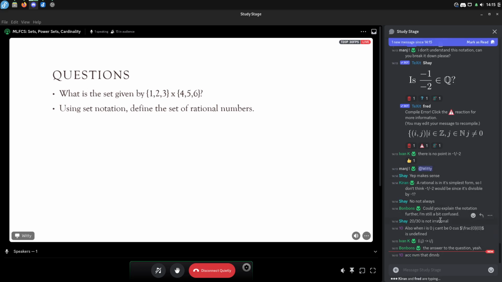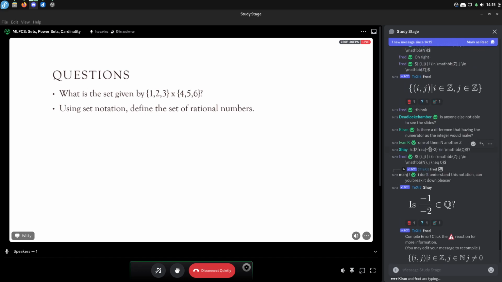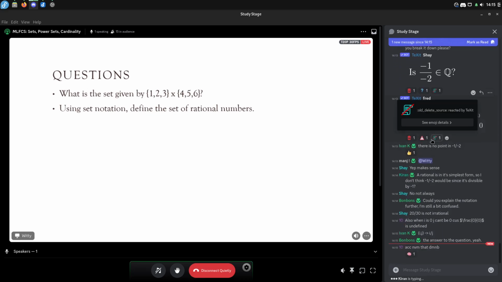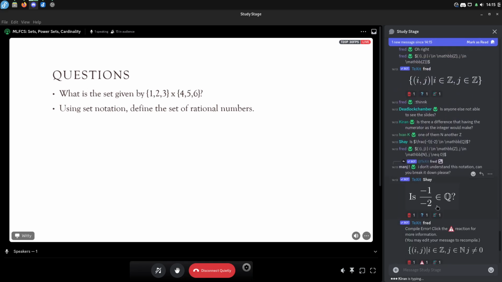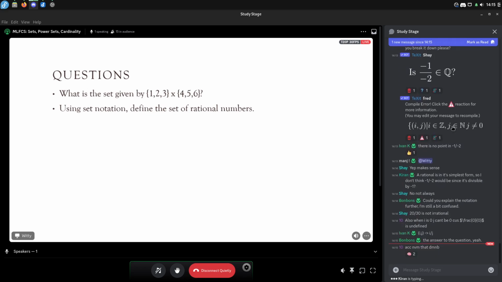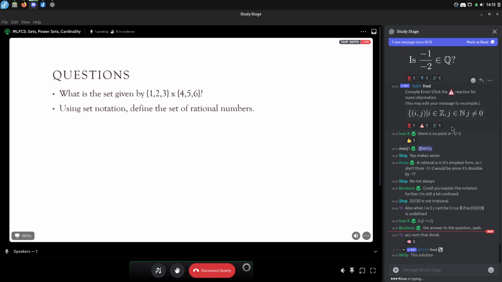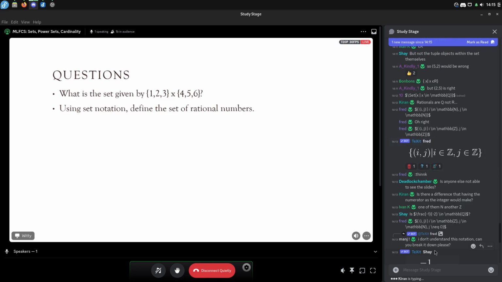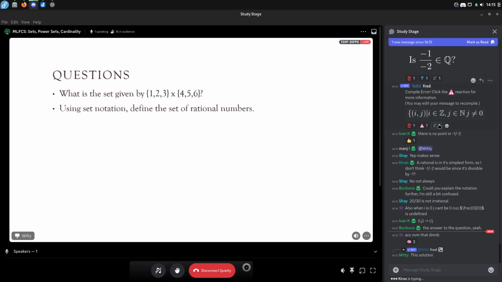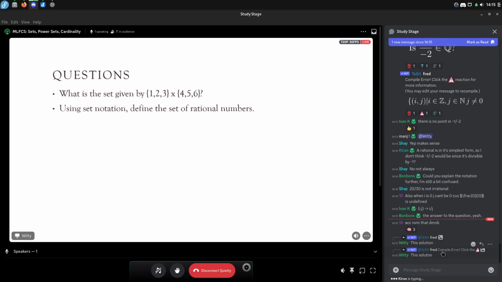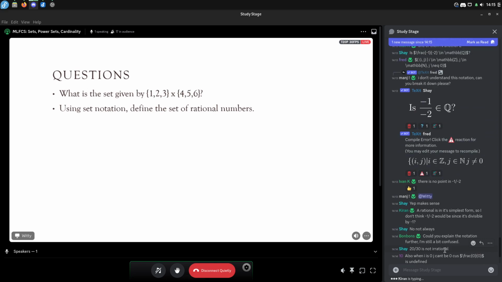Okay. Basically, where did the message go? Okay, so this message, this solution. Actually no, Fred has done a better one here. Basically, this is the solution here. In this one, what it's saying is i and j.